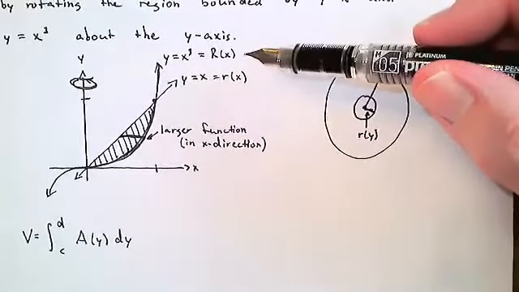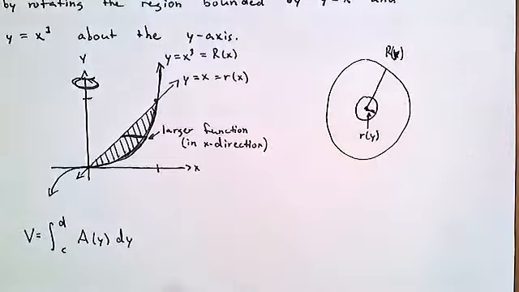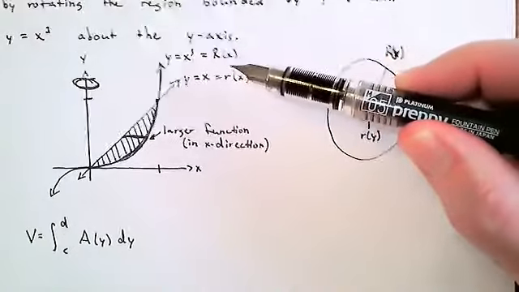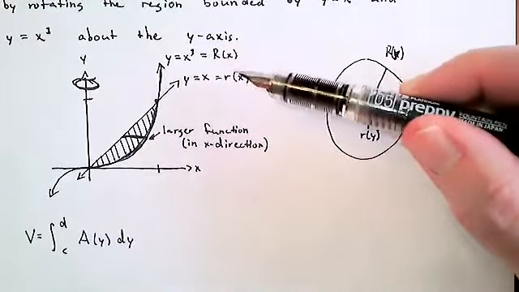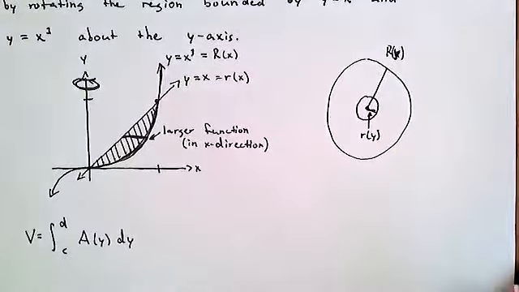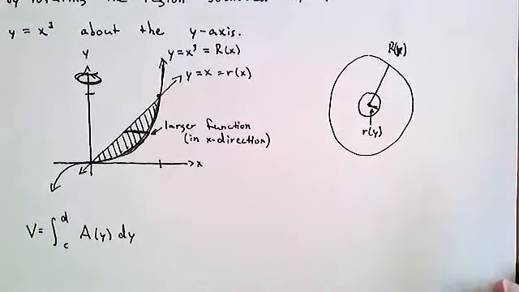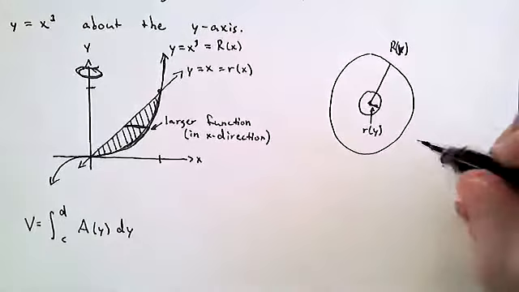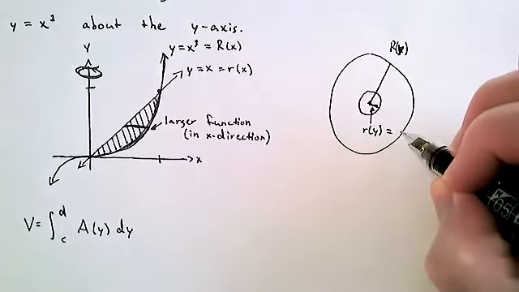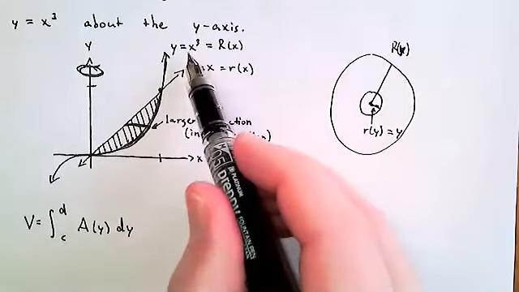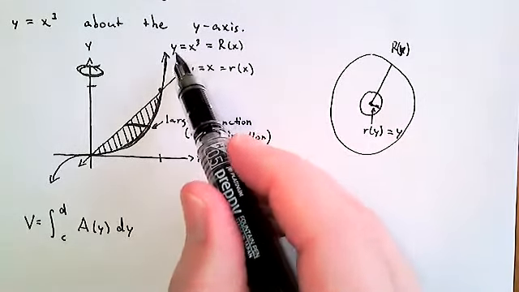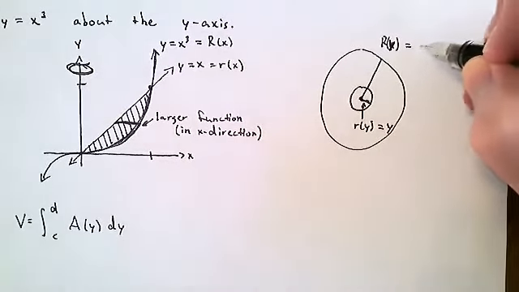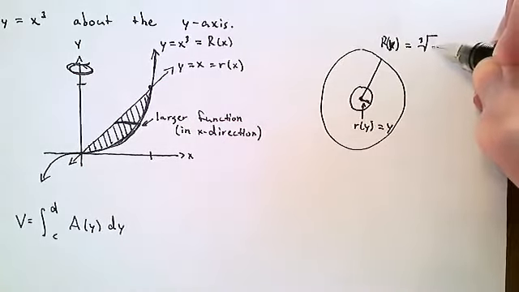So one problem you might notice is that this integral has y's in it, and my formulas all have x in them. So what we're going to have to do is rewrite these in terms of y instead. So y equals x, just turn it around, and we'll say x is equal to y. This other one, y equals x cubed, we'll have to take the cube root of both sides to get the cube root.